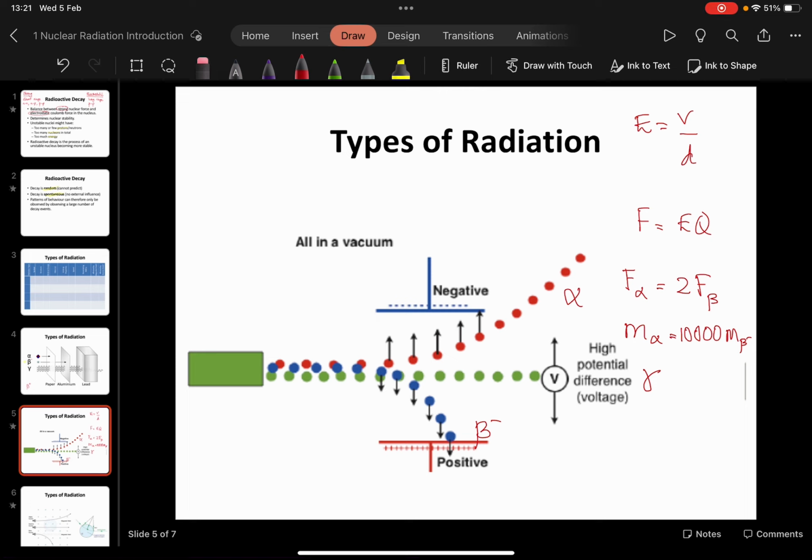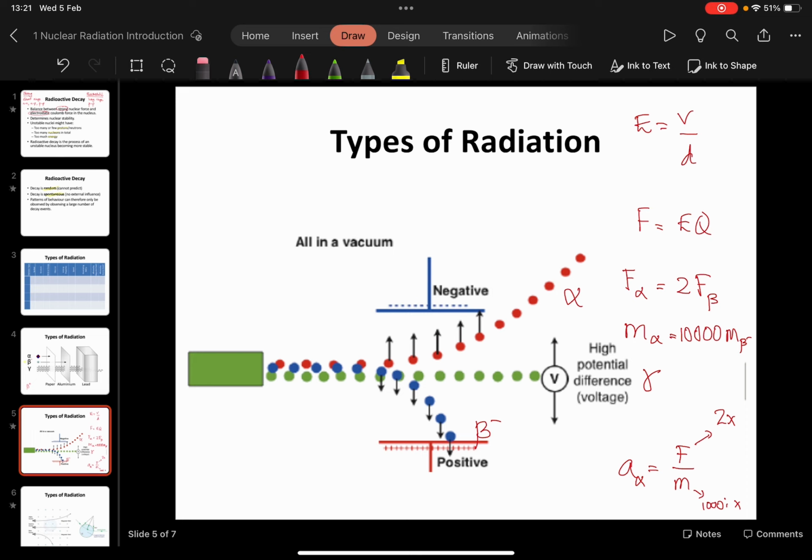Therefore, when we're considering the acceleration of particles, it's the ratio of force to mass. The alpha particle has twice the force compared to the beta minus particle, but it's got thousands of times more mass.